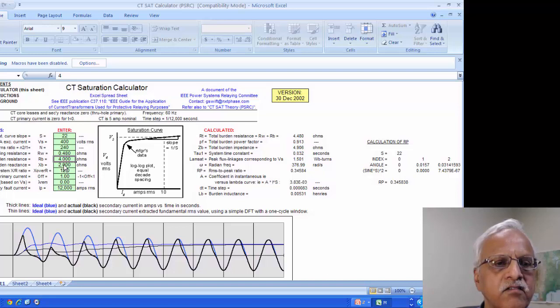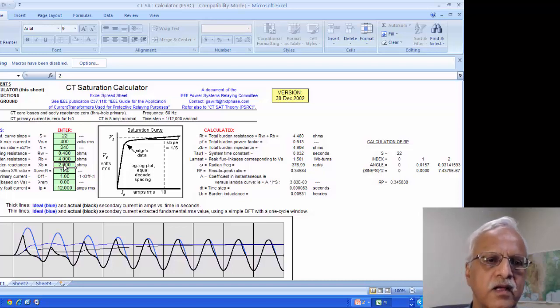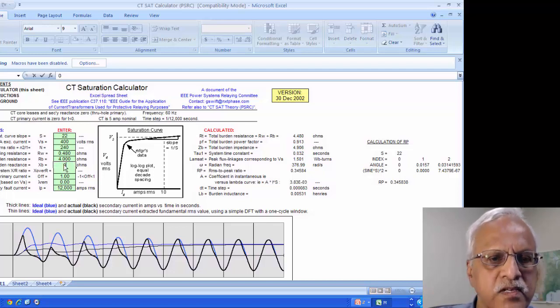And then the reactive burden is also asked for. If you are using coils or electromechanical relays, there is a reactive burden, and you can enter that. But most of the time cables are resistive, and microprocessor based relays have negligible VA, negligible resistive burden, and mostly it is limited by the cable. So we'll just put this as 0 for our application purposes here.